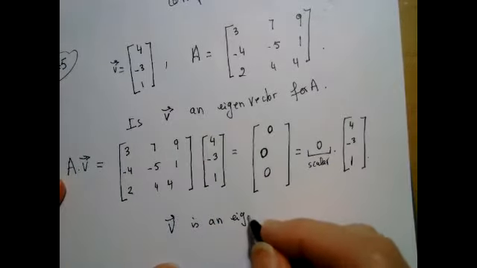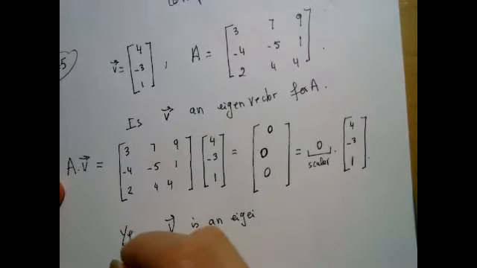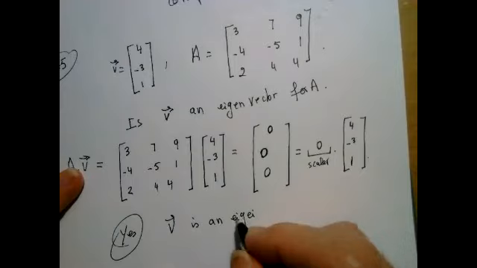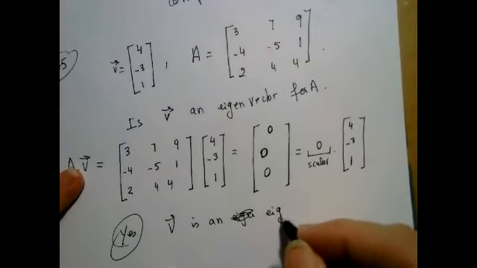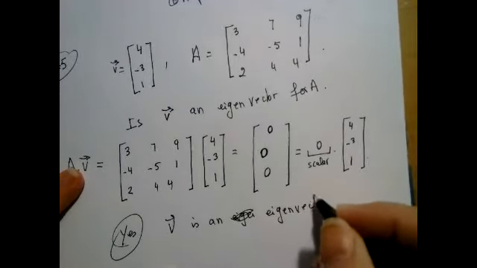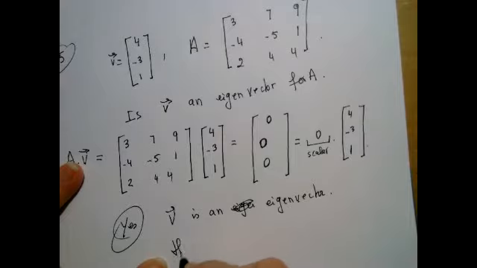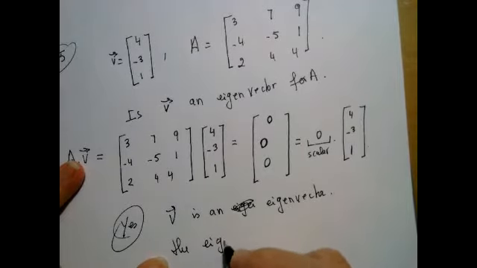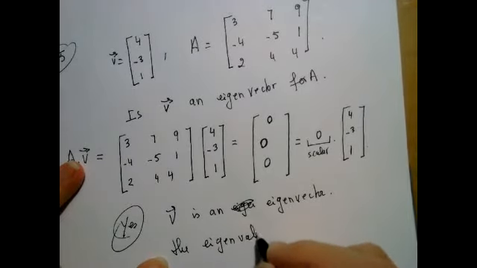So V is an eigenvector, and the answer, of course, is yes. V is an eigenvector, and the eigenvalue that corresponds to it is lambda equal to 0.